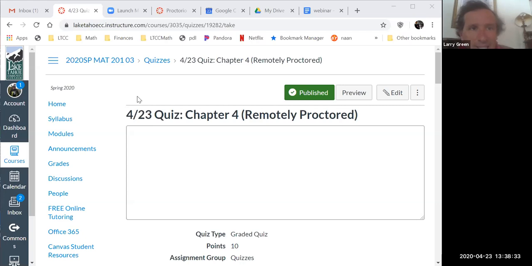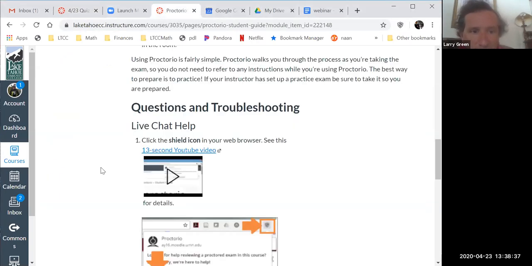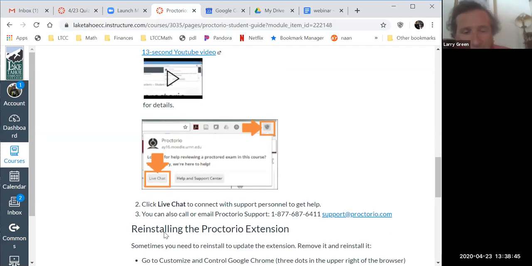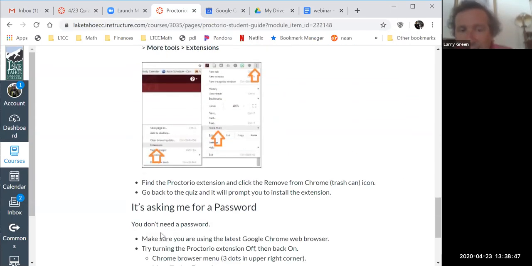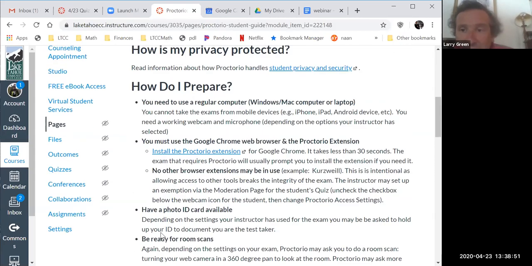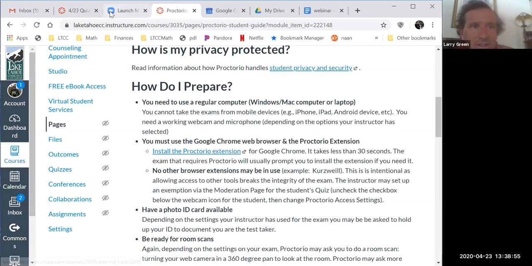But the other thing, and I mentioned on this sheet, there's a live chat where you can get help. You can call them also, but there's lots of ways of figuring it out. And this is in the first module that you can read through. I'm not going to read it all, but I'll let you do that if you had any trouble.